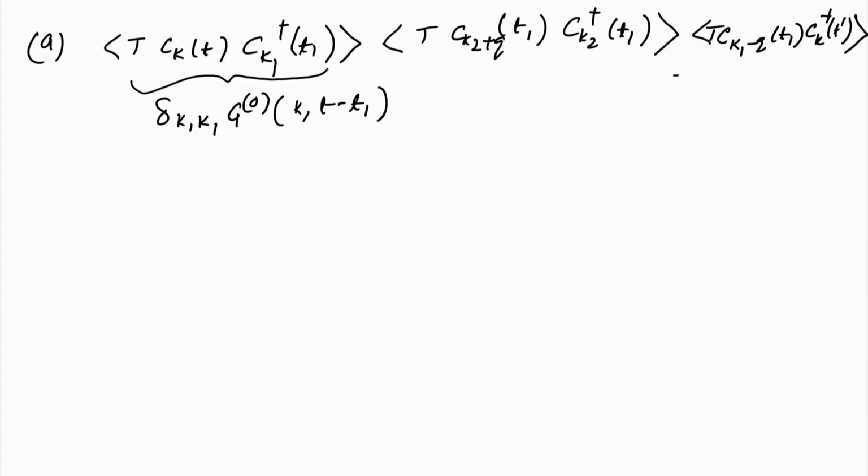So, your k has to be equal to k prime, that is what the conservation says, and this is a G0, a 0th order Green's function, which is a function of k and t minus T1.